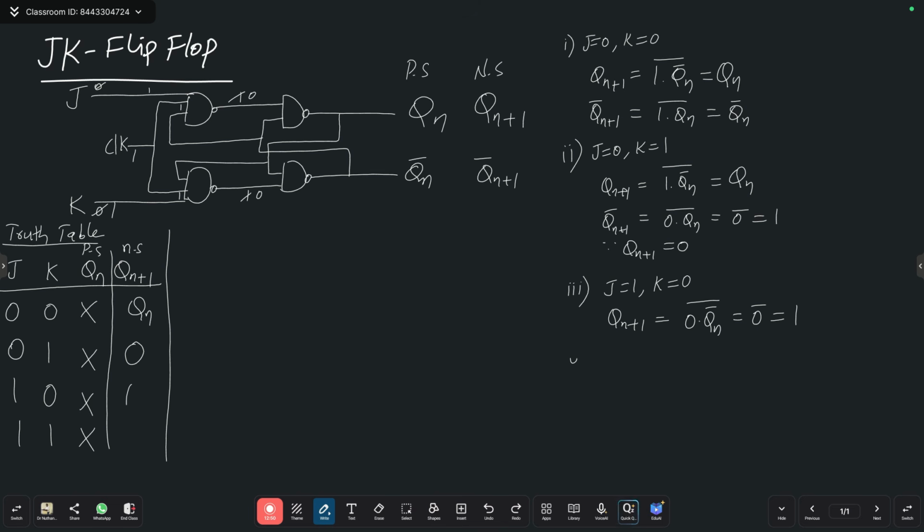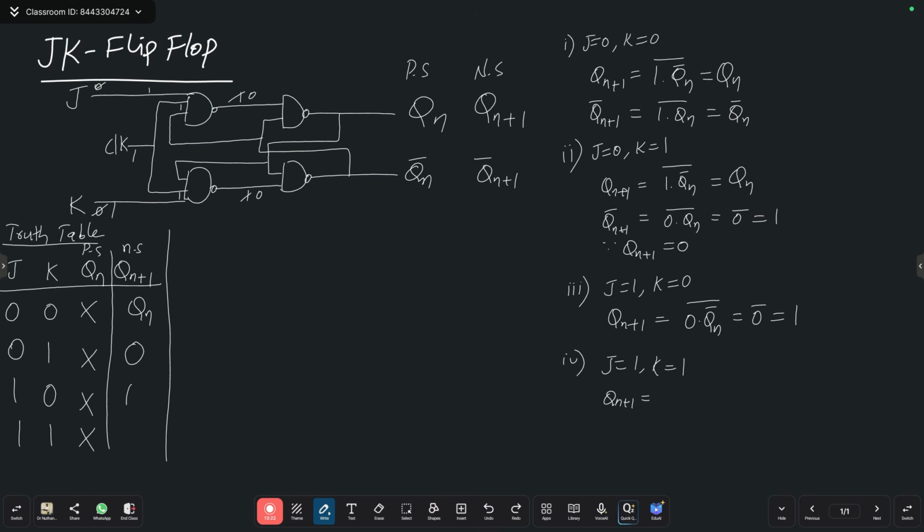Then J equals to 1, K equals 1. Compulsorily we need to do both because J and K are pointing to the same value. Now in this case, Qn plus 1, what happened?